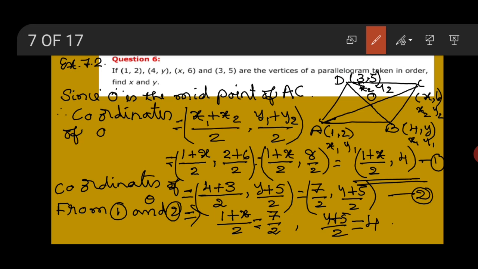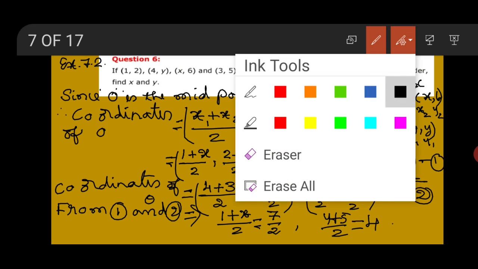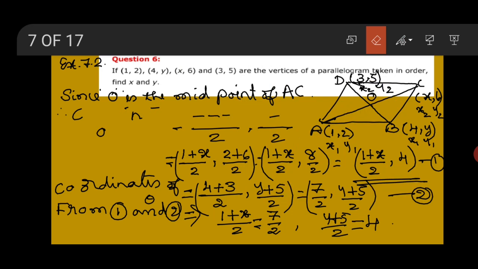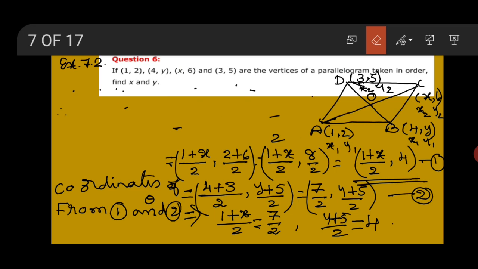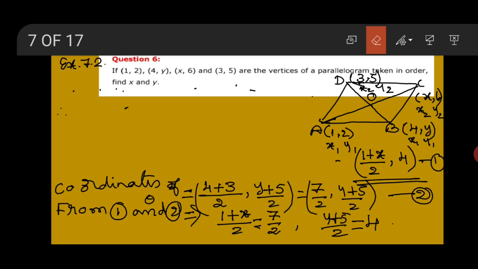Now on cross multiplication you will get the answer. Simplify. (1 plus x) divided by 2 is equal to 7 by 2. Since in the denominator equal numbers are there, so we can remove it.